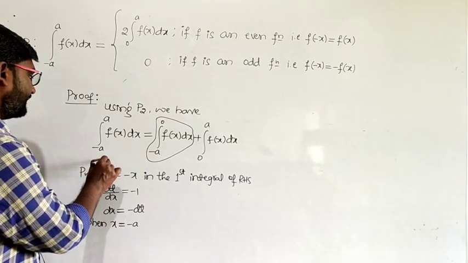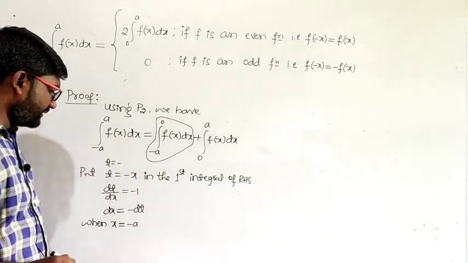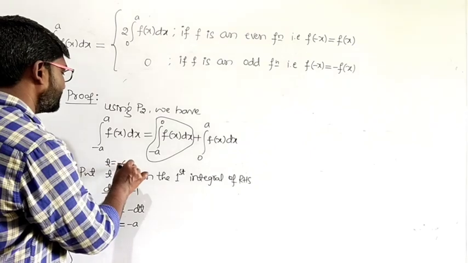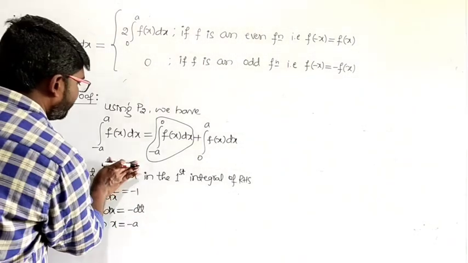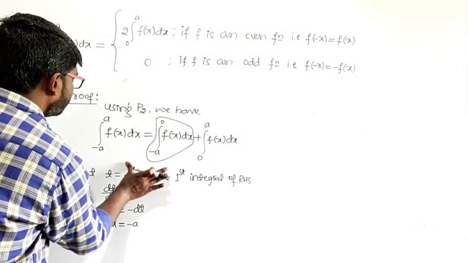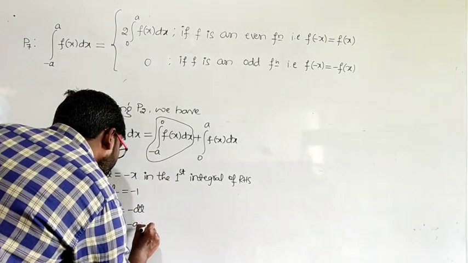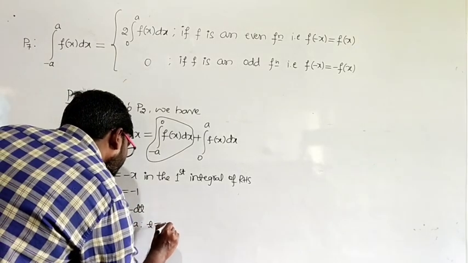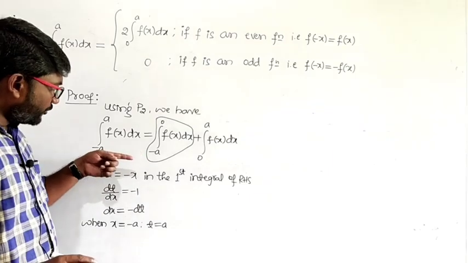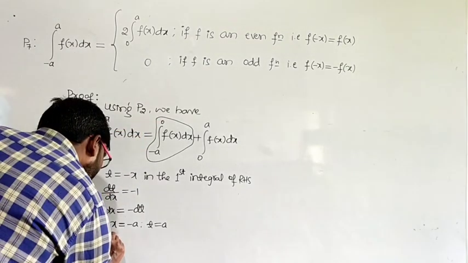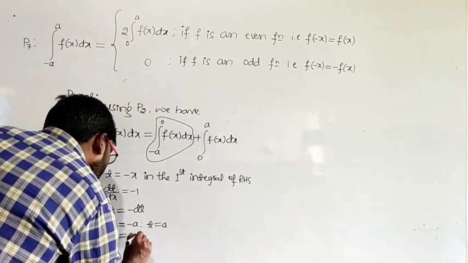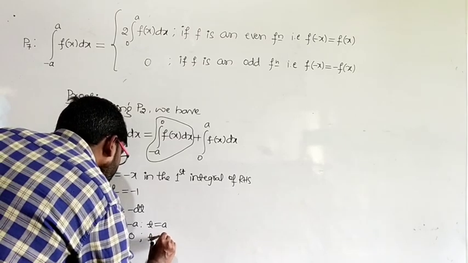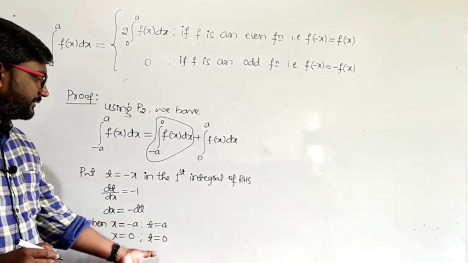See here, t is equal to minus x, we have taken x as minus a, so minus into minus becomes plus, so t becomes a. Then when x equal to 0, t becomes 0. So these are the new limits.